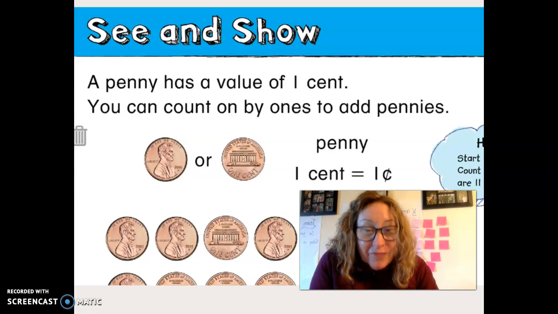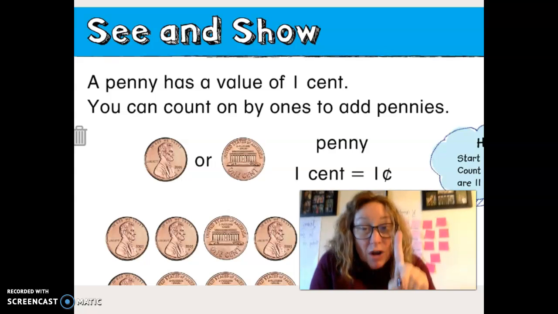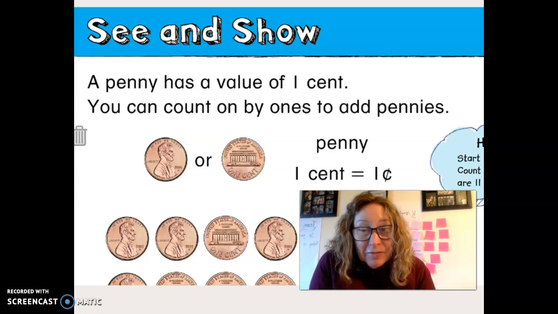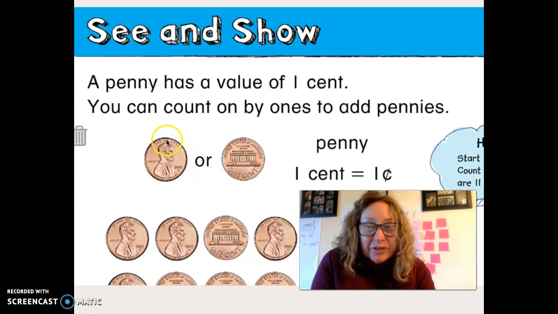A penny has a value of only 1 cent. You can count on by ones to add pennies. Okay, you can see on this picture here, it's showing the head side of a penny that has a famous president on it, and the tail side has a little building on it and says 1 cent.